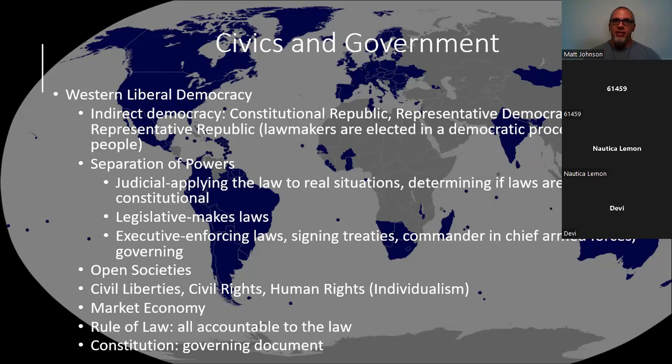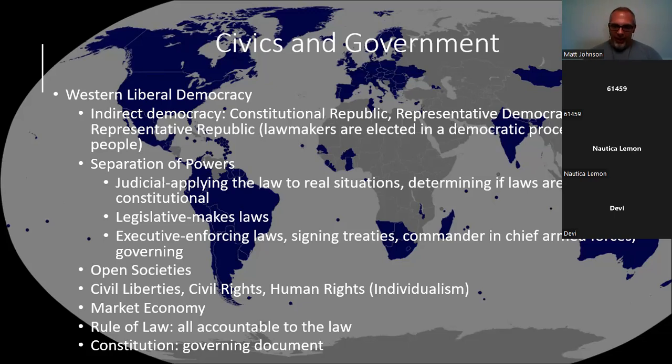We mentioned Plessy versus Ferguson in the late 1800s, which basically made the idea of separate but equal the law in the United States, and then Brown versus Board of Education in 1954, which overruled that. So you see that's actual application of the law in real situations.